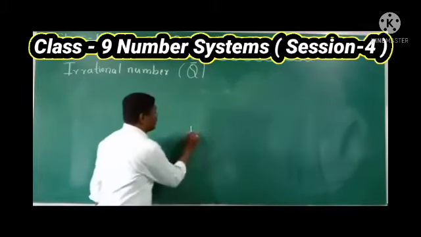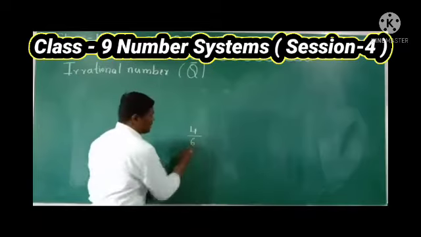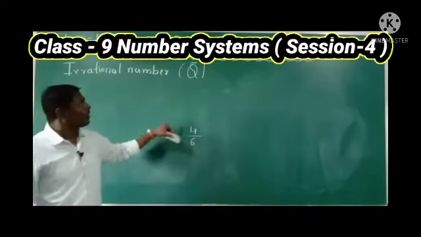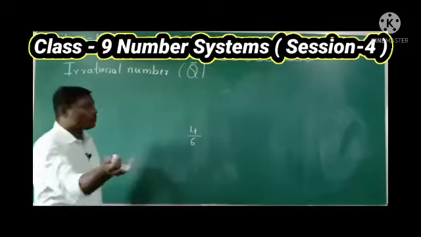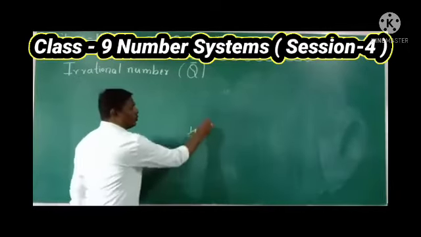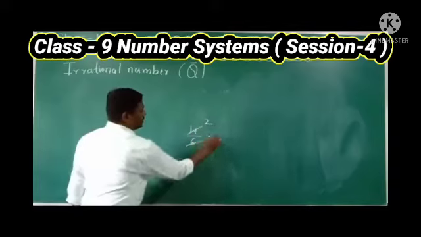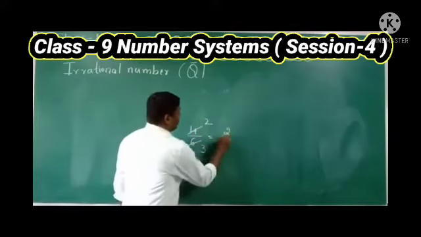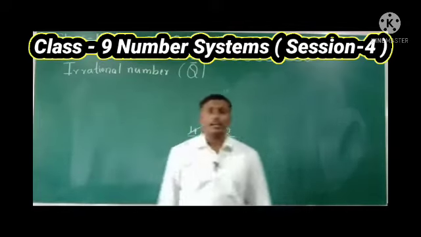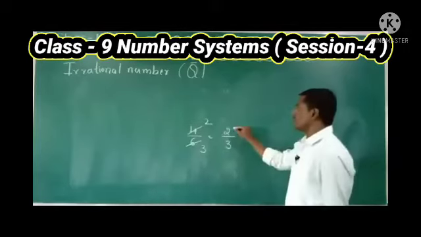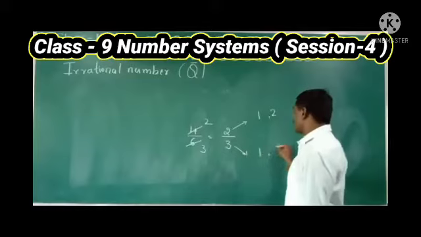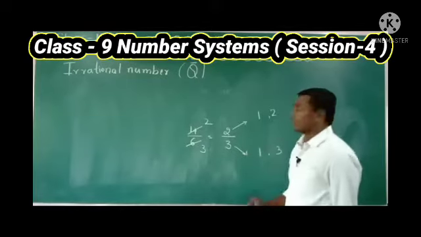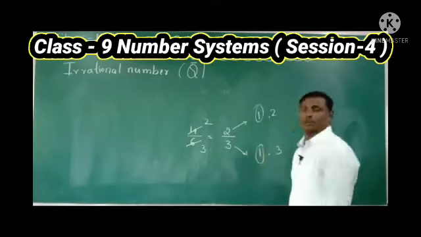For example, if I take 4 by 6, whether it is an example of a rational or irrational number, just convert it to its simplest form. 2 twos are 4, 2 threes are 6, so 2 by 3. Now, what are the factors of 2 and 3? Factors of 2 are 1 and 2. Factors of 3 are 1 and 3. Is there any common factor here? Yes, 1 is the common factor.